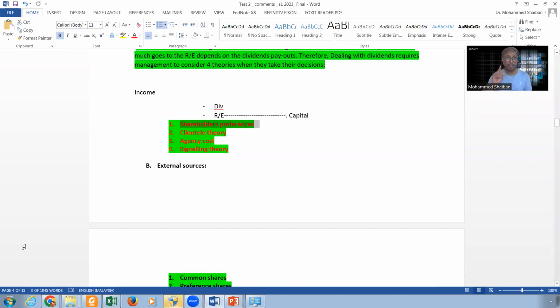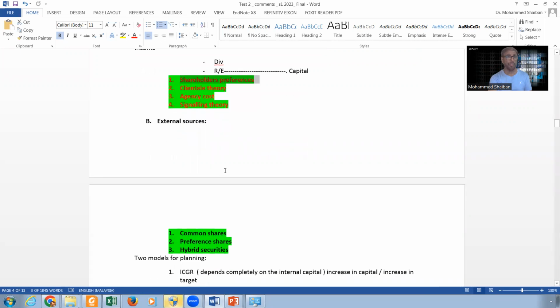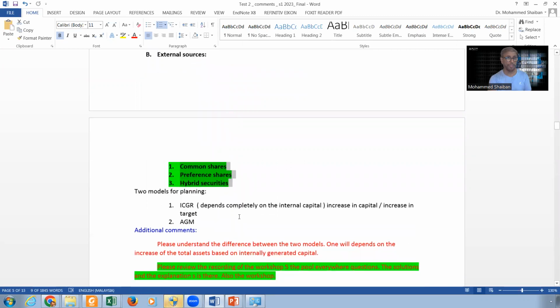But if we talk about ICGR, the internal capital generating rate, then we will depend only on the retained earnings. For AGM, whatever the retained earnings give us, the rest we get from external sources. Those external sources are these 3: common shares, preference shares, or hybrid securities.